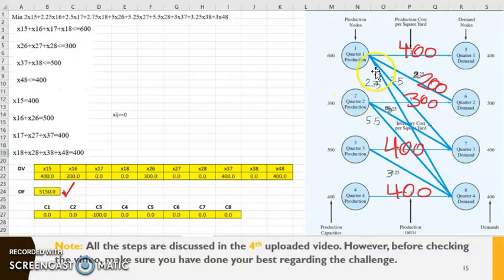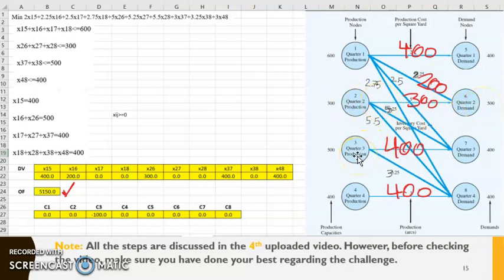Everything makes sense because you see in quarter 1 they manufacture 400 for the demand of quarter 1, and they use the remaining 200 capacity of quarter 1 for the next quarter. In quarter 2, 300, because 200 from the previous quarter and 300 from quarter 2, so 500 is satisfied.